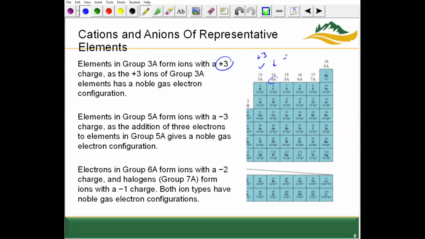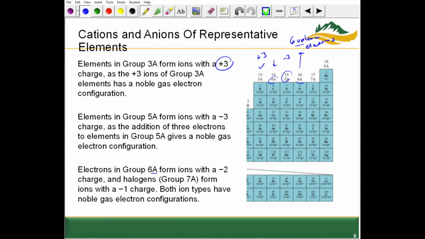Group 5A, however, will form -3 ions. That means they are gaining 3 electrons to fill their octet. Group 6A elements, these all have 6 valence electrons. So we saw that towards the end of chapter 7. If these all have 6 valence electrons, they need 2 more electrons to have a happy complete octet.